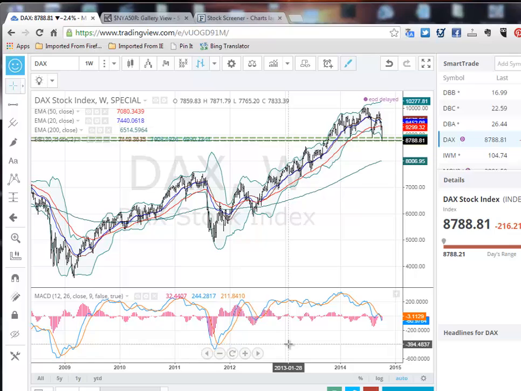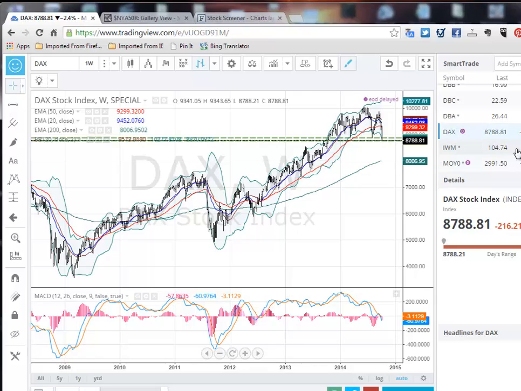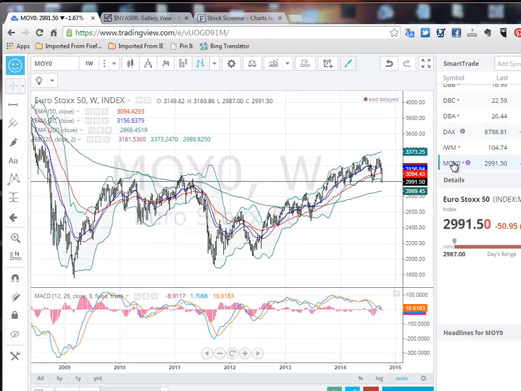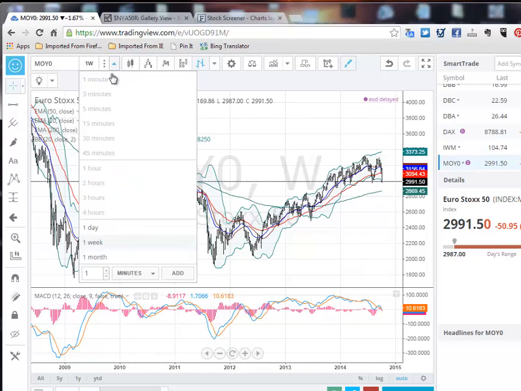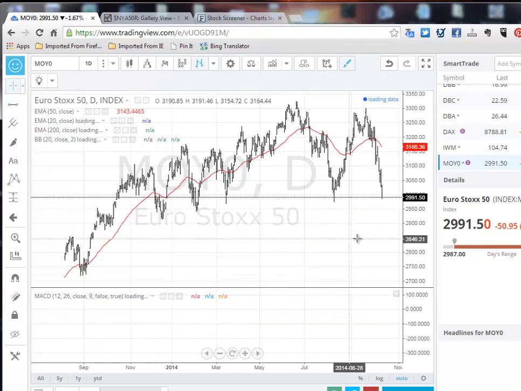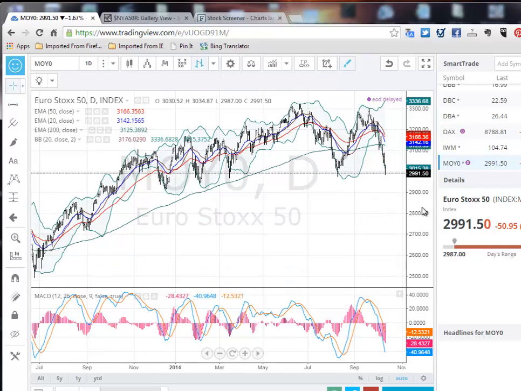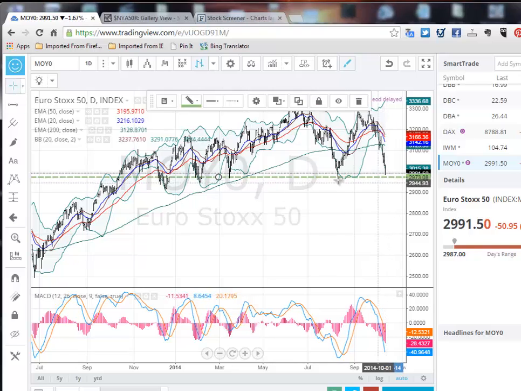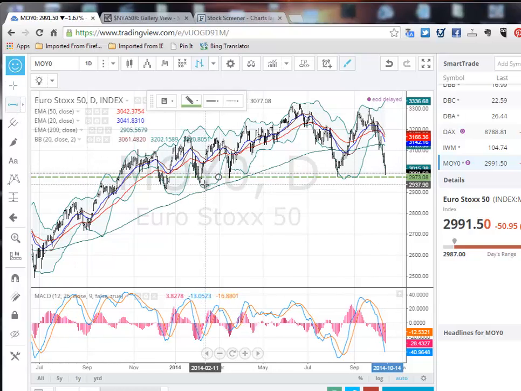I hope that helps. I did have a conversation with Brad the other day about the DAX, and his thought was it's far better to look at the Euro Stoxx 50, because the options were cheaper and contract sizes were smaller. So I've put the Euro Stoxx 50 index up here, and the first thing I would notice is that we have a horizontal level there, and a horizontal level over here and another over here.